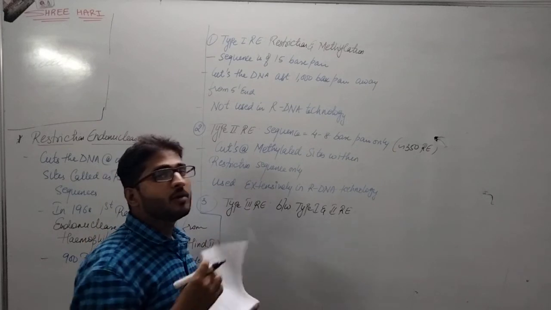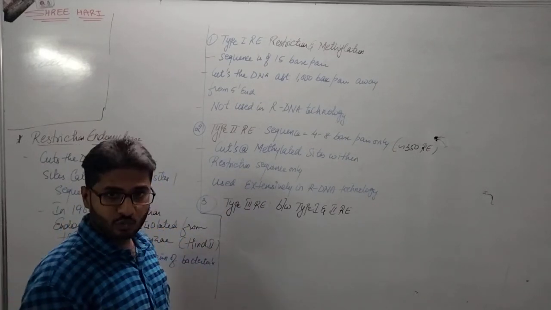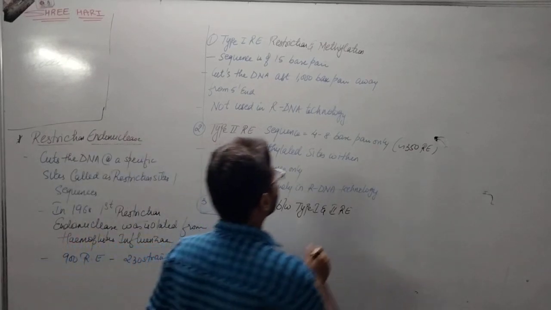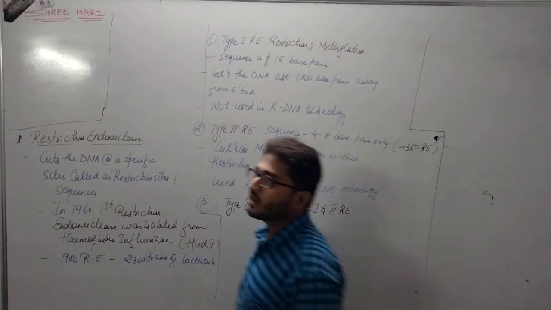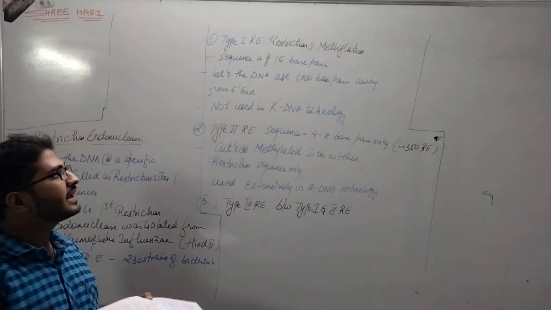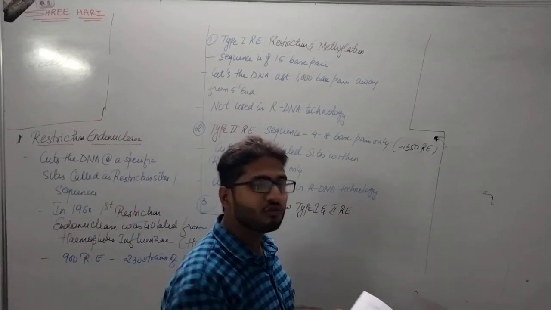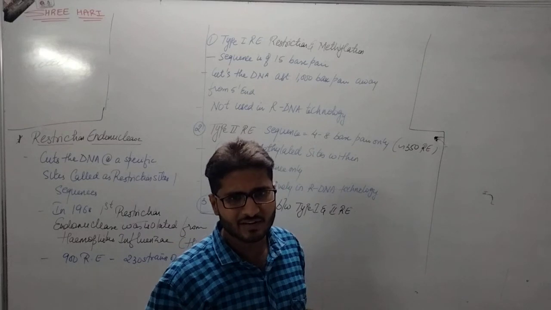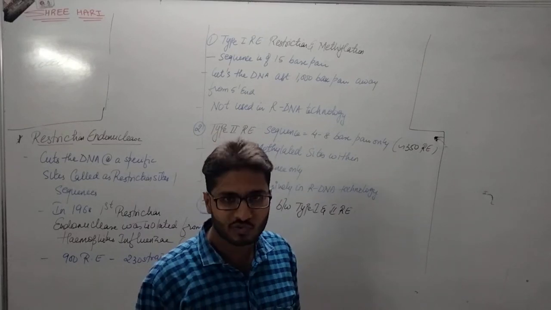Now, talking about the mechanism of action of these restriction endonucleases, we will take a few examples. The example that we are going to take is EcoRI, right? But before going into the details of the mechanism, let us first understand the nomenclature, how to name these restriction endonuclease enzymes.